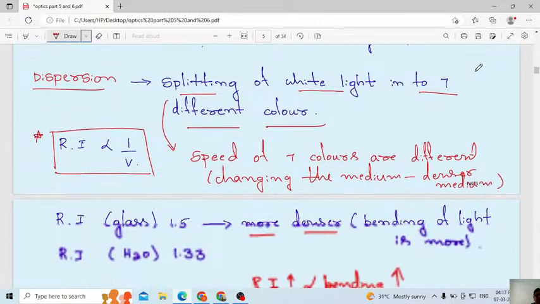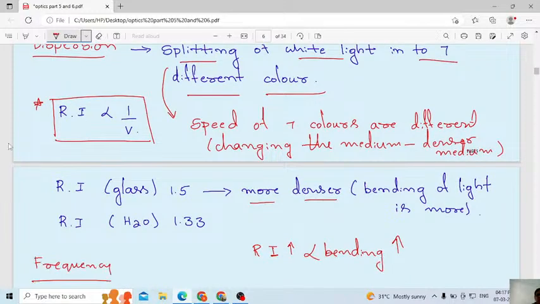Then here one more important thing: the refractive index of any color is inversely proportional to the speed of the light, or the speed of the colored light. When the speed of light is more, the refractive index is less. When the speed of light is less, the refractive index is more, because they are inversely proportional to each other.